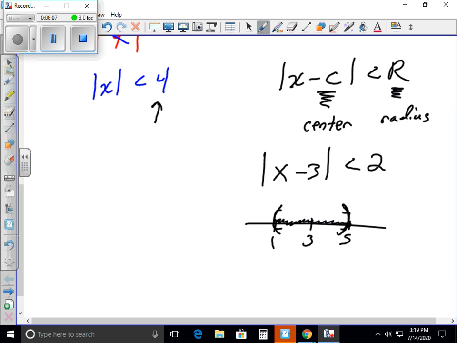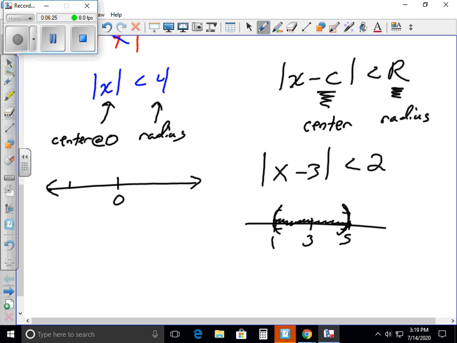So ours has a radius of 4, and if nothing is being added or subtracted to the x, then our center is at 0. So our power series converges as long as x is between negative 4 and 4. If x is between negative 4 and 4, then our power series converges.